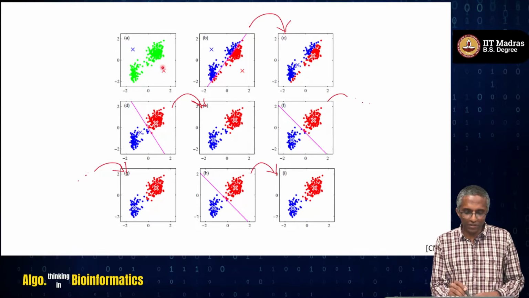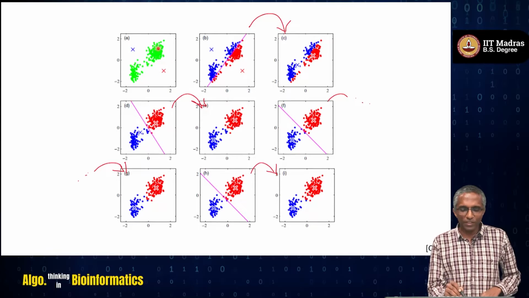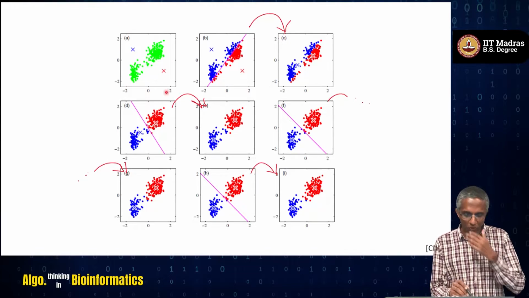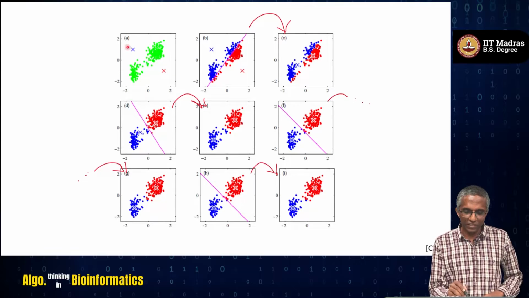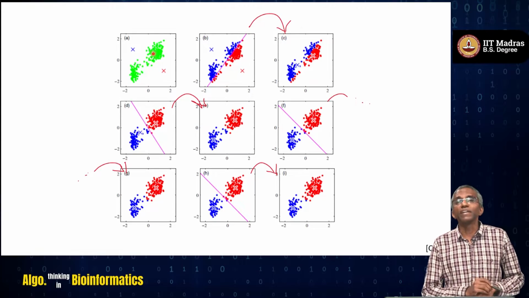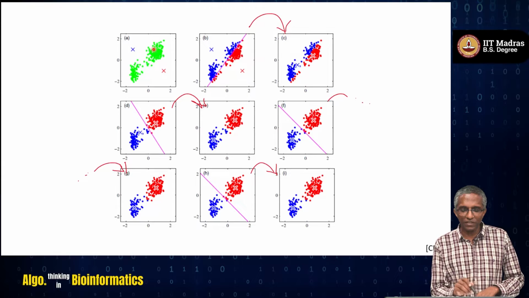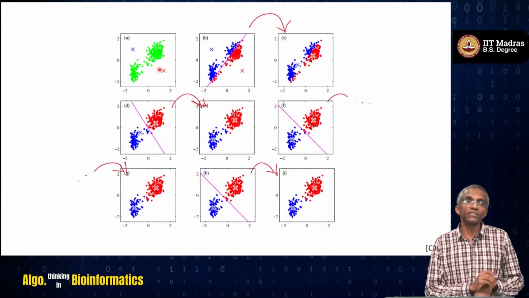So, you have a set of data points in 2D again. We will come back to our exact gene A gene B example, but there are more data points here. These green data points are not assigned initially, and you take two arbitrary values. One of the centers is this blue center and another is the red center. Blue is center 1, let us say, red is center 2. Now, we have the assignment step.